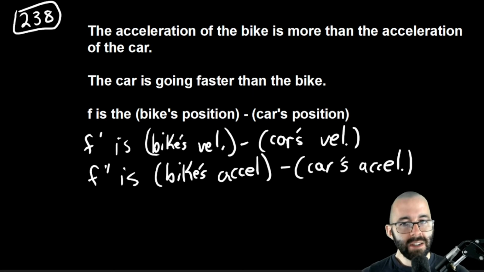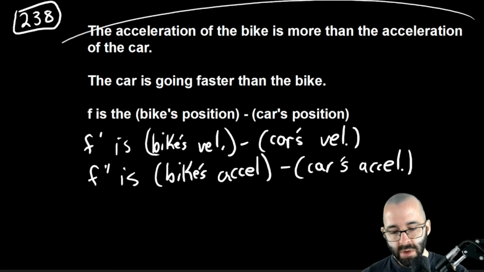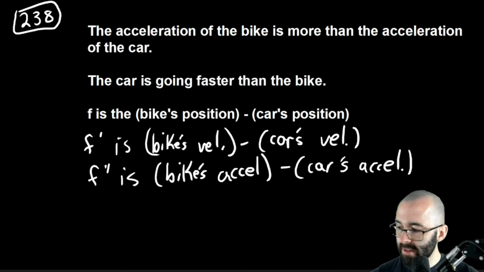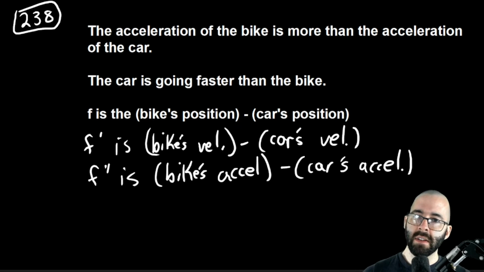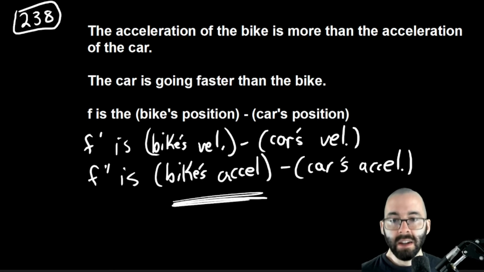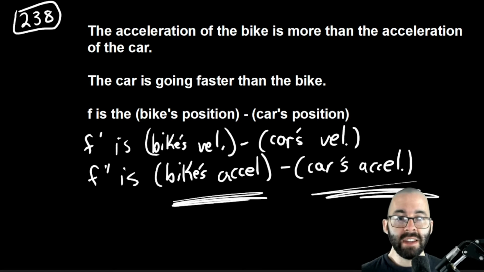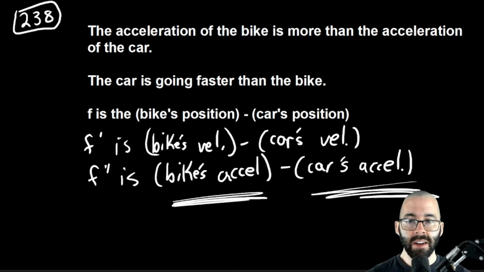So we have to use this information with these two sentences. The acceleration of the bike is bigger than the acceleration of the car. So the first thing is bigger than the second thing.